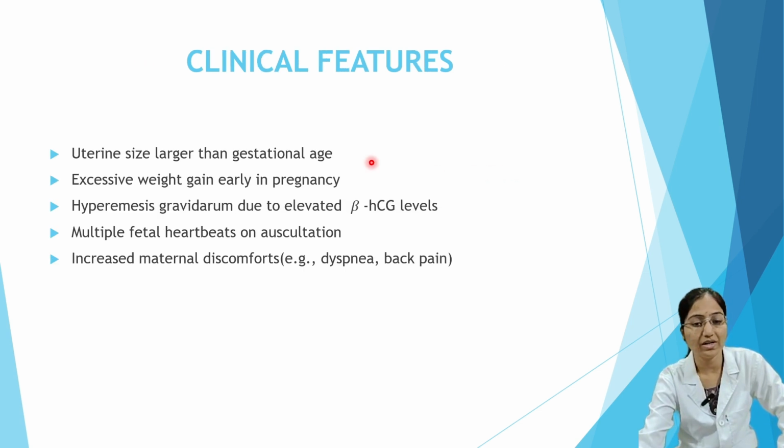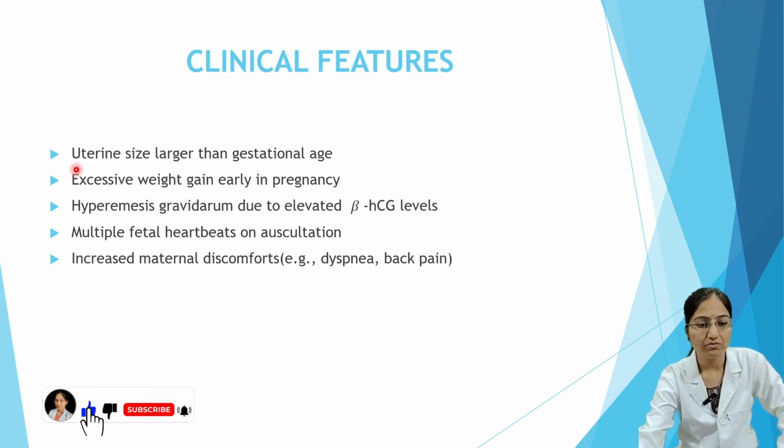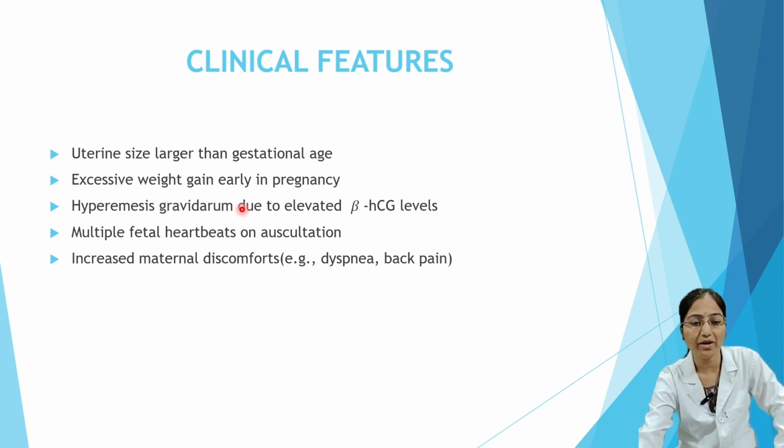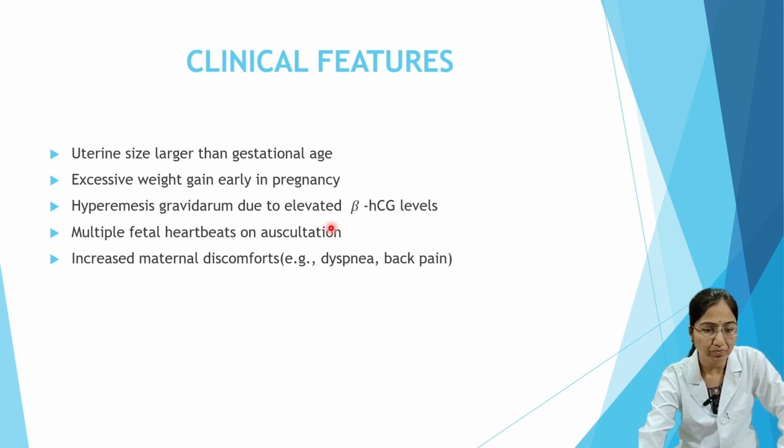Okay, next we'll see the clinical features. First one is uterine size larger than gestational age. And then excessive weight gain early in pregnancy. And then hyperemesis gravidarum due to elevated beta HCG, human chorionic gonadotropin levels.